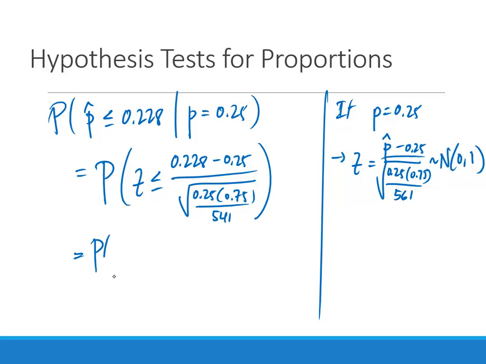So the probability that z is less than or equal to negative 1.18. You go to your table, you can find that this is 0.1190.